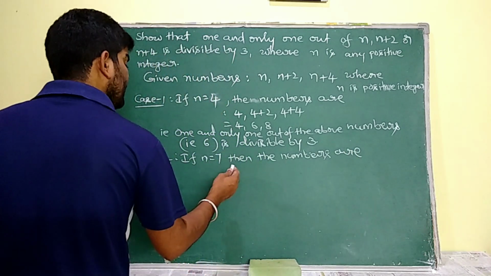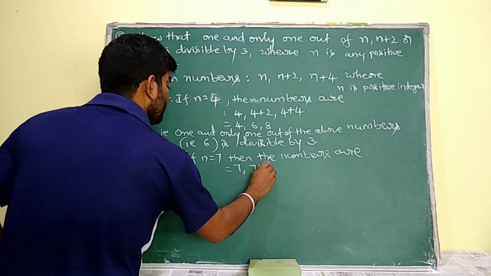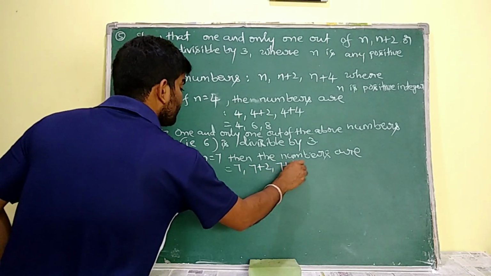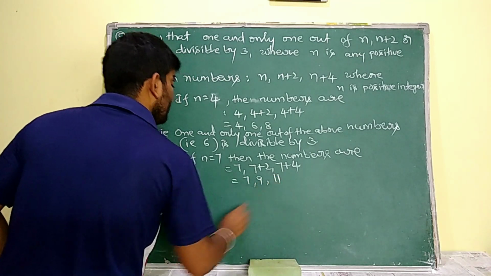If n is equal to 7, then the numbers are 7, 7 plus 2, 7 plus 4, that is equal to 7, 9, 11.